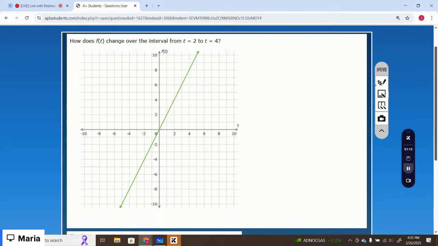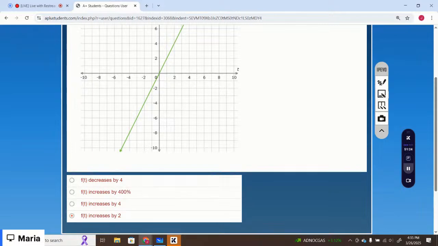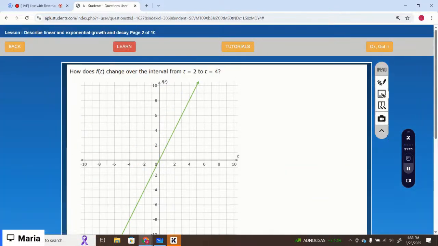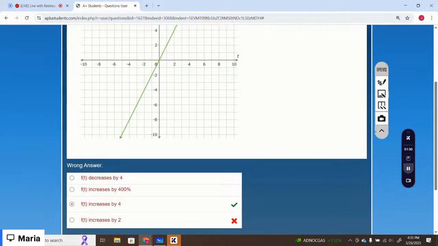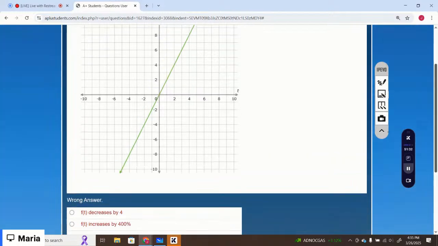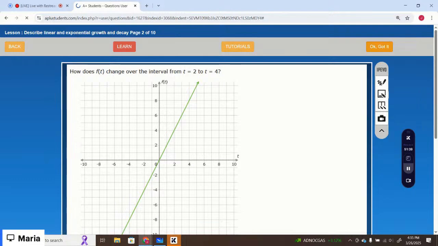When t equals 4, f of t is 8. So the function is increasing by a factor of 2. Oh, that is increasing by 4 times. That increases by 4, sorry.